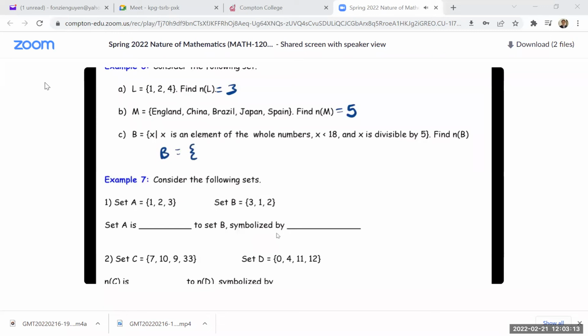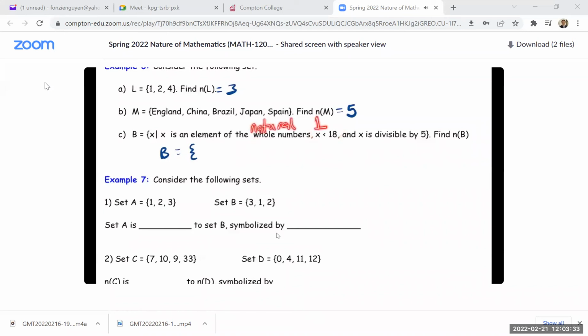Let's just write out all these numbers, and then we can cross out the ones that are not divisible by 5. So what would be the first number? Careful. This one says whole numbers. Remember, natural numbers start at 1, right?